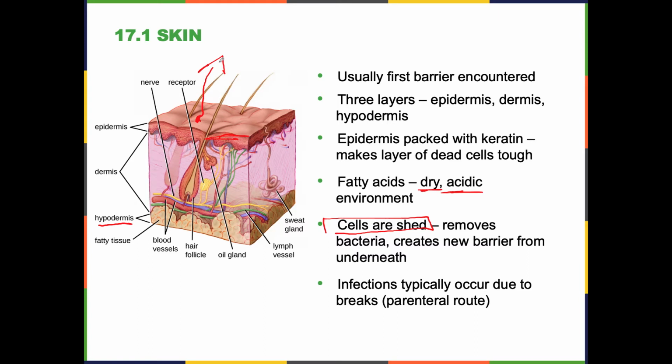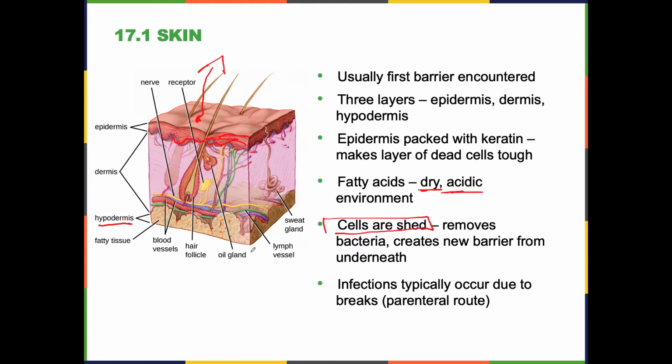We're constantly shedding the top layer and making new skin cells underneath, so it's this idea of constantly replacing and removing what's on top. So when you have a pathogen, typically it's breaks or the parenteral route that allows microbes to get access. When you break this barrier and get into the softer layers underneath, that's when microbes cause problems.